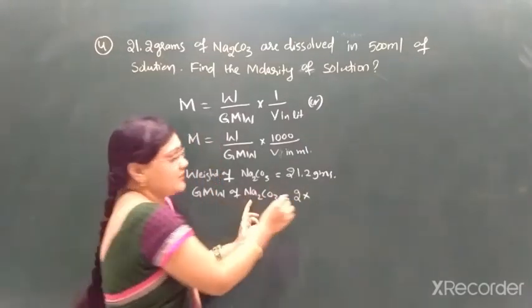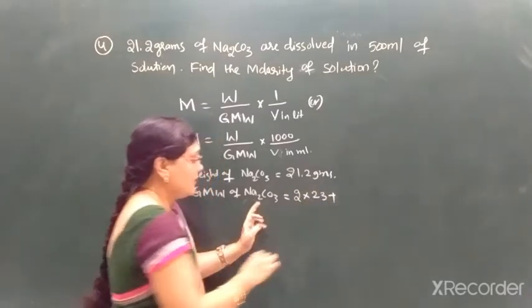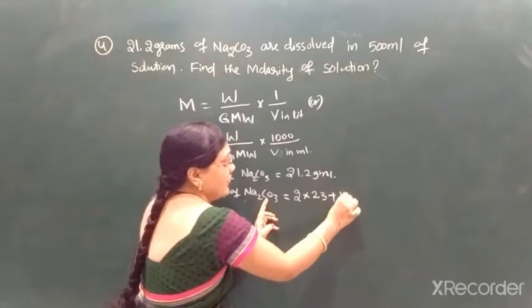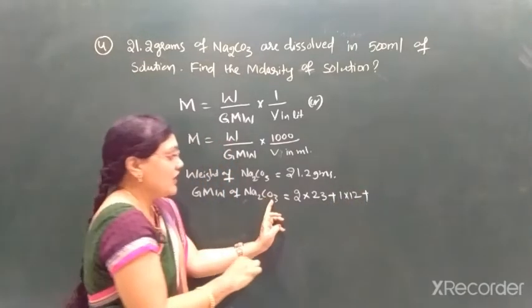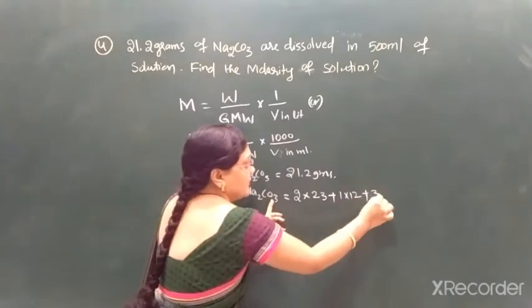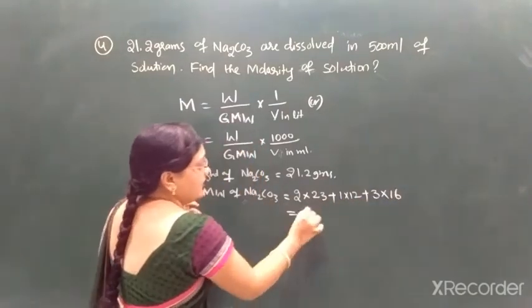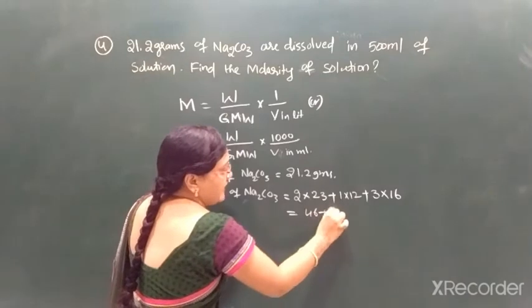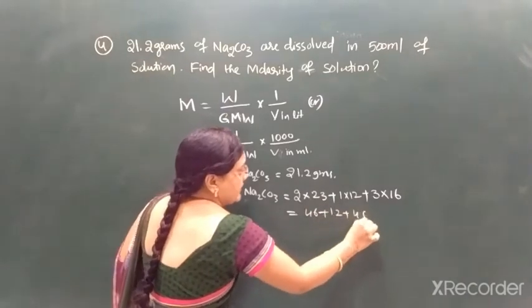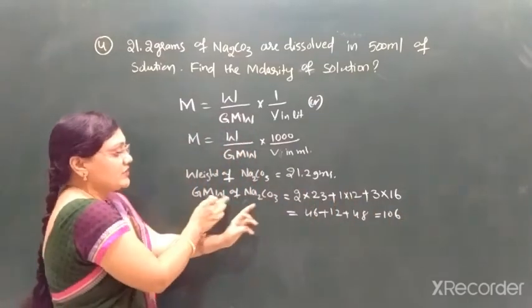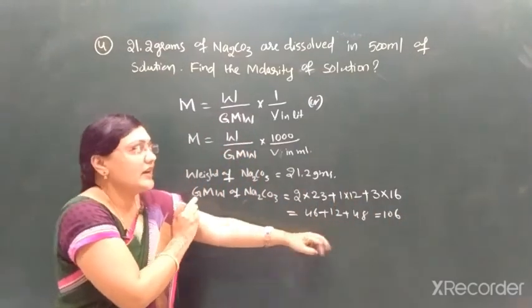Sodium atomic weight is 23, plus carbon, only one carbon, 1 into 12, plus how many oxygens here? 3, oxygen atomic weight is 16. 46 plus 12 plus 48. The molecular weight of Na2CO3 is 106.